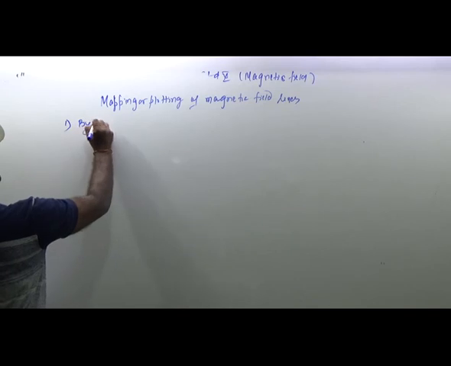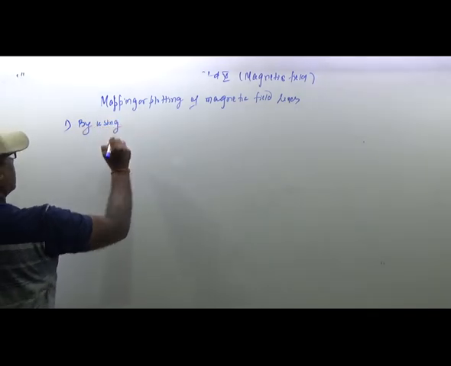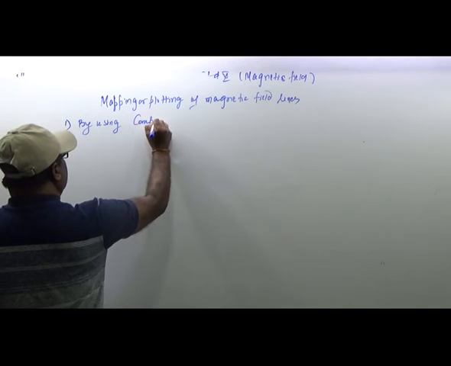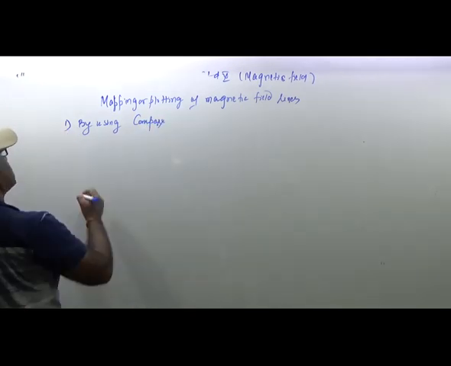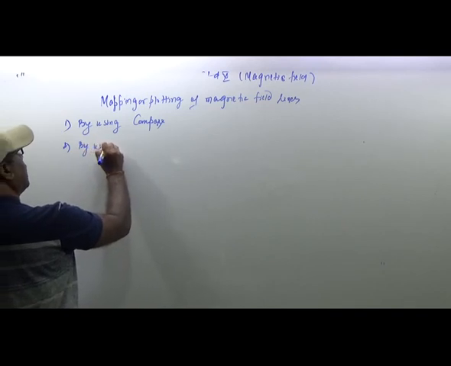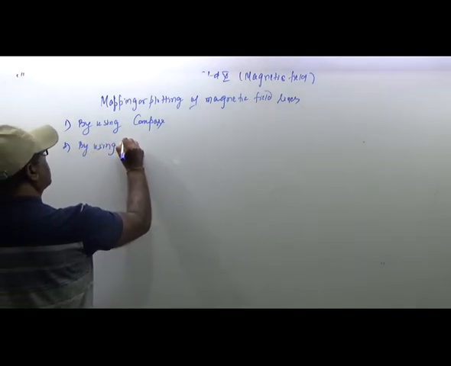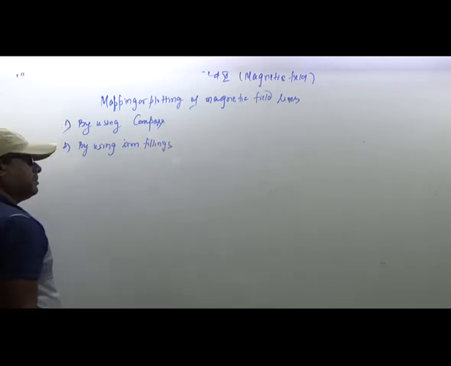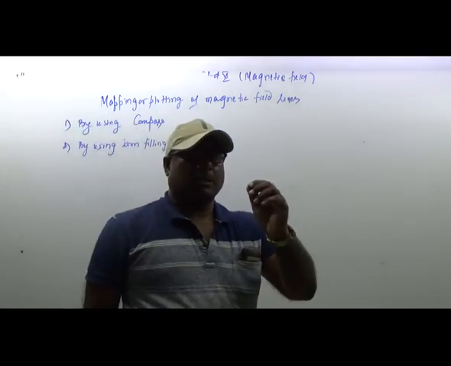First is by using compass, magnetic needle. And second is by using iron filings. Iron filings का मतलब लोहा का छोटा छोटा कतरन होता है.